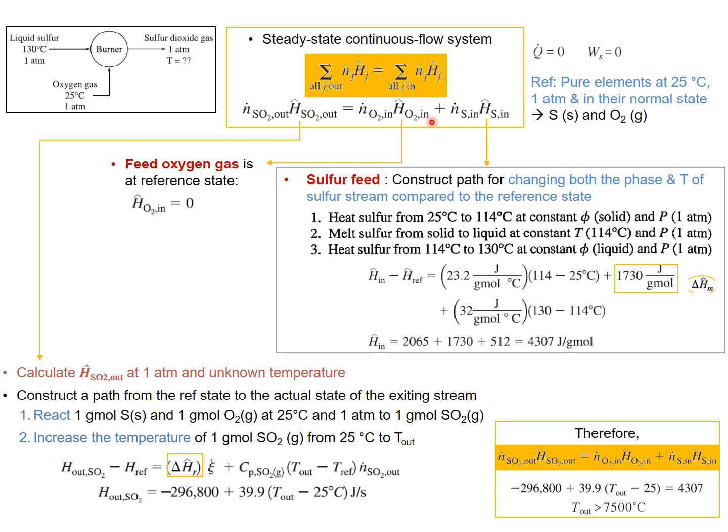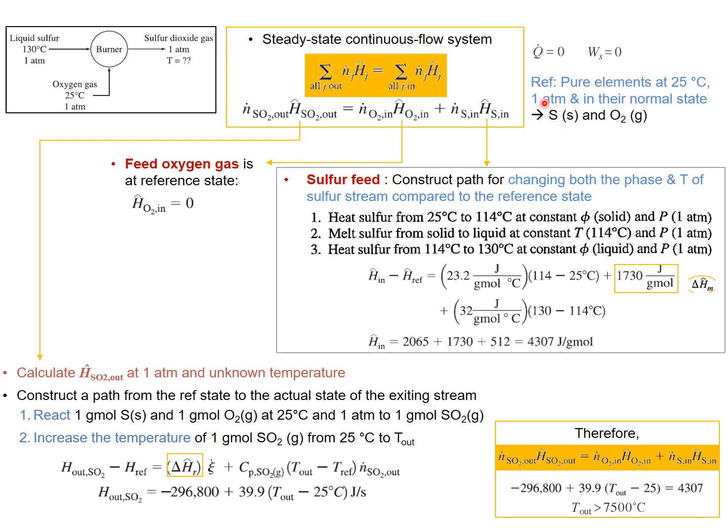Before going to the calculation, we should define the reference state. Here, this stream is used for the reference state: 25 Celsius, 1 atm, in their normal states, like oxygen gas, and sulfur solid. In this reference state, the sulfur is solid.